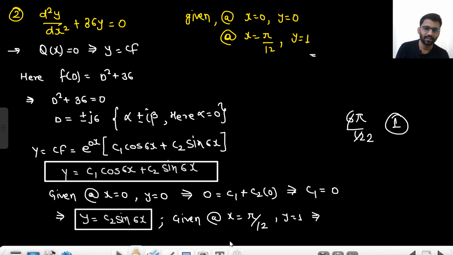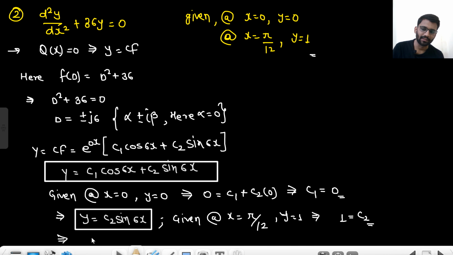Sin pi by 2 is 1, right? So sin 6x is reduced to 1, and y is 1, that is given. So your c2 is equal to 1. So here c1 is equal to 0 and c2 equals 1. So what is your final answer? The final answer is y equals sin 6x.